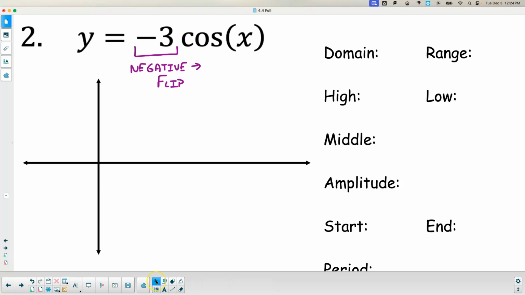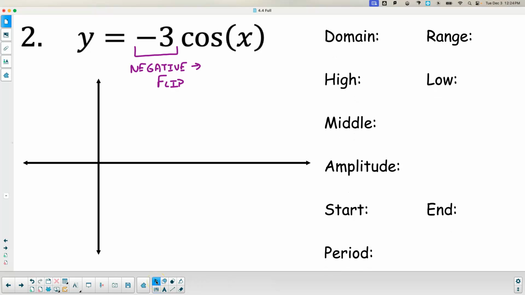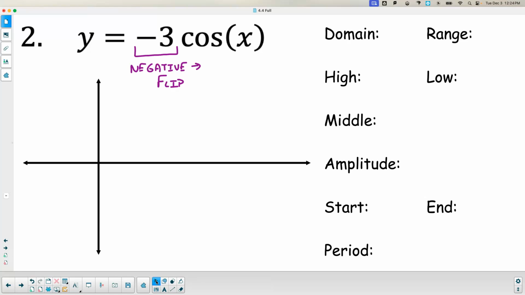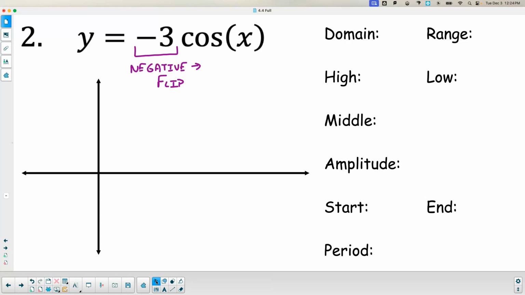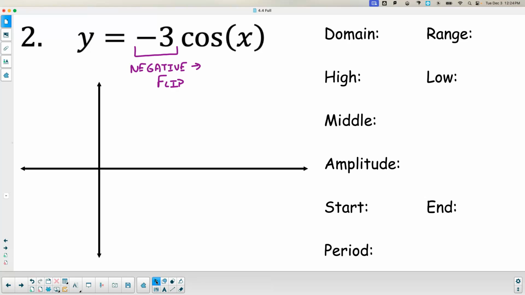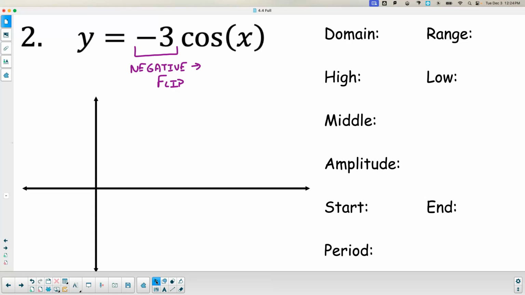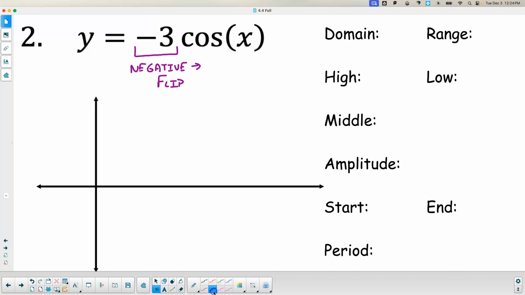A negative a value flips the graph no matter what. Domain is still all real numbers. Don't know, don't know, don't know. Up middle is 0. Don't know. 0. Pi.